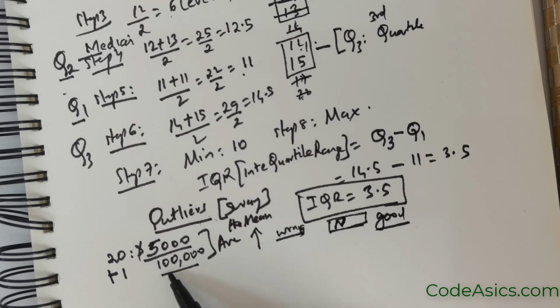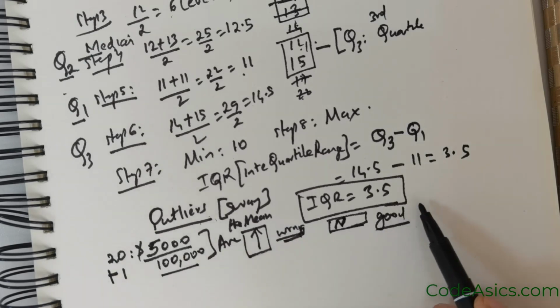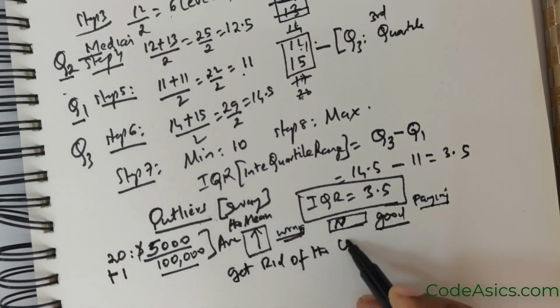But when you add this $100,000, you are getting a mean that is literally skyrocketing, and that is giving us a wrong picture, as I mentioned to you, that this organization is really paying its employees well. So when we are analyzing this data, we will have to get rid of the outliers.